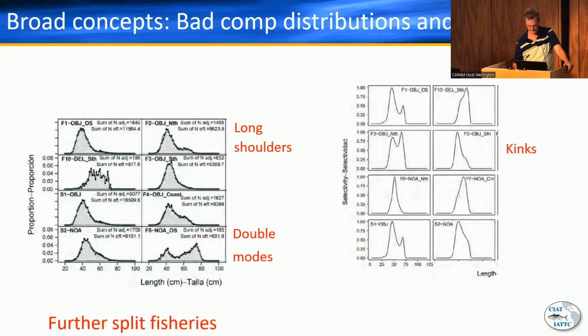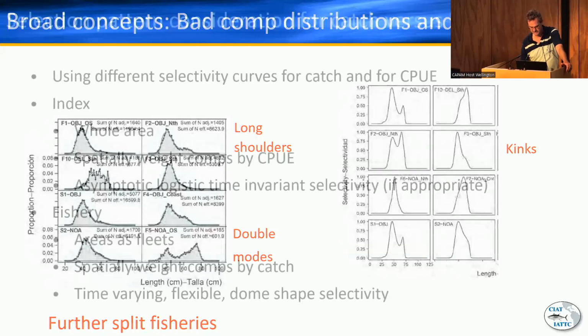If you get length frequency distributions or selectivities that have long shoulders like this, you have double modes, or the selectivity has some weird kink in it, it's probably because you're adding two fisheries or two types of fishing methods or behaviors or areas together that you probably shouldn't be. So you should be further splitting fisheries. That suggests you could go back to the double normal as your selectivity curve rather than doing splines and things like that.